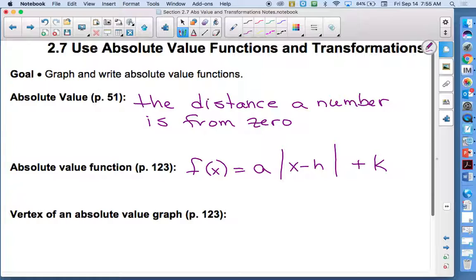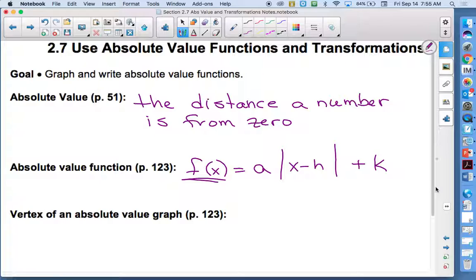So an absolute value function must have an absolute value symbol in it to be an absolute value function. We're saying it's a function, therefore remember it passes the vertical line test. So if it's a function, each x has exactly 1 y. The vertical line test only passes through the graph at 1 point in every single location. So if you say something's a function, we're going to use this function notation here. So instead of just saying y, you're going to see f of x to represent it is a function.